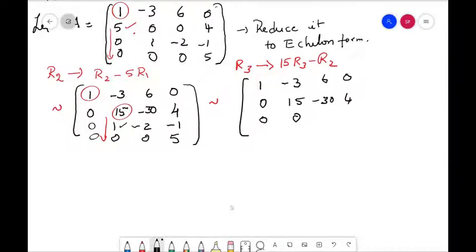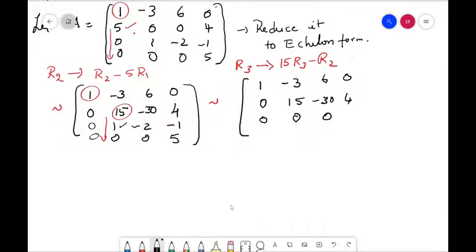Then 15 into minus 2 is minus 30, and minus 30 minus of minus 30, minus 30 plus 30, gives 0.